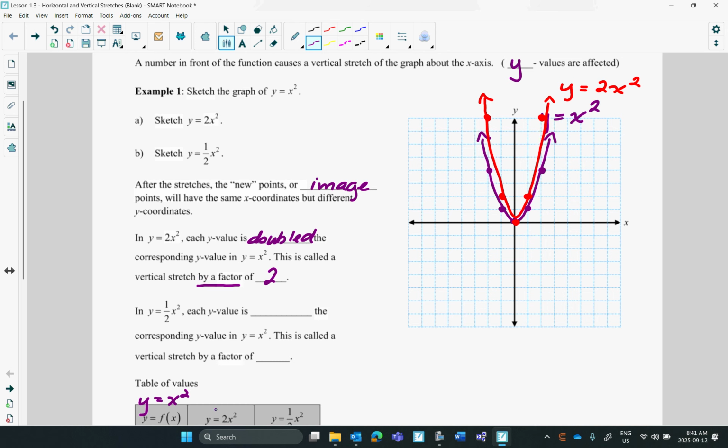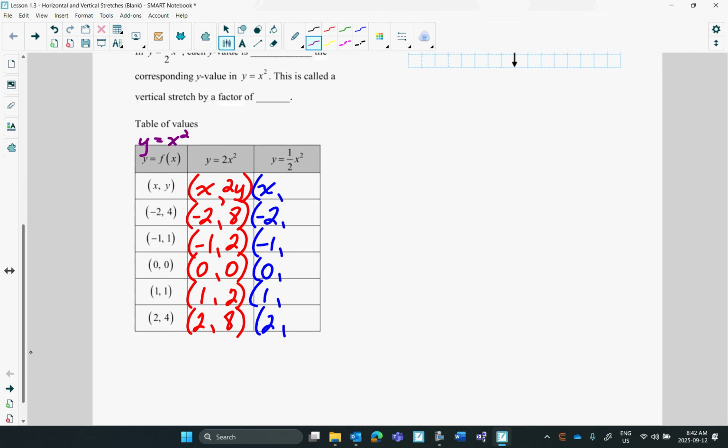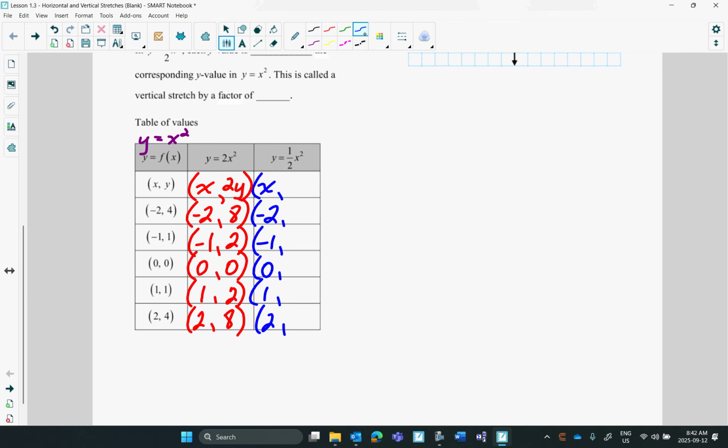Well, so what do you think is going to happen in a half x squared to all the y points? Yeah, they're going to stretch by a half, by a factor of 1/2. Each y value is going to get multiplied by 1/2. And if we go down here and do it, we'll see that's the case. So remember, I'm taking -2, plugging it into here.